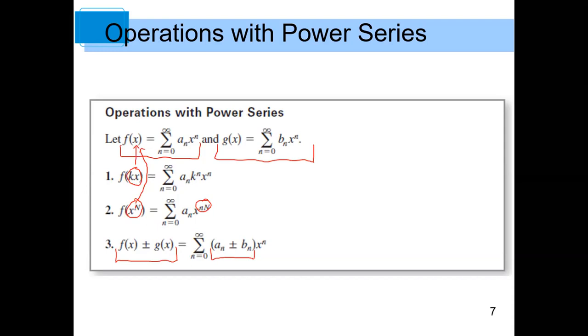We saw a situation like this. We replaced x with x squared, didn't we? What that did is it made all the powers multiples of 2. Which was to be expected for sure, okay? There are other operations like division of power series, by the way. So for instance, look at this.